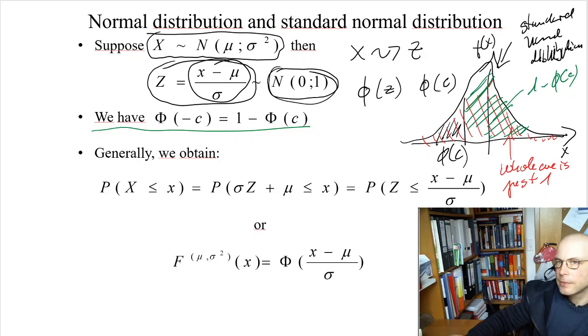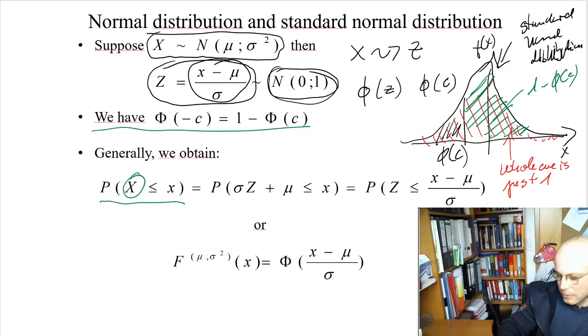Why do we do this? Well, quite often we ask what is the probability that our random variable is smaller than some specific value, let's say smaller than 0.4.